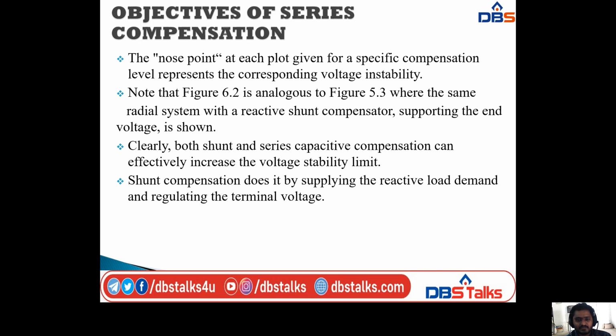Next, from that one clearly both shunt and series capacitive compensation can effectively increase the voltage stability limit. Shunt compensation does it by supplying the reactive load demand and regulating the terminal voltage.